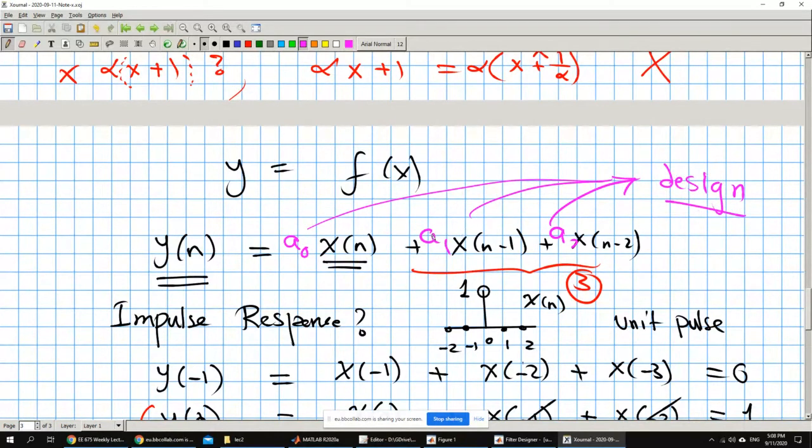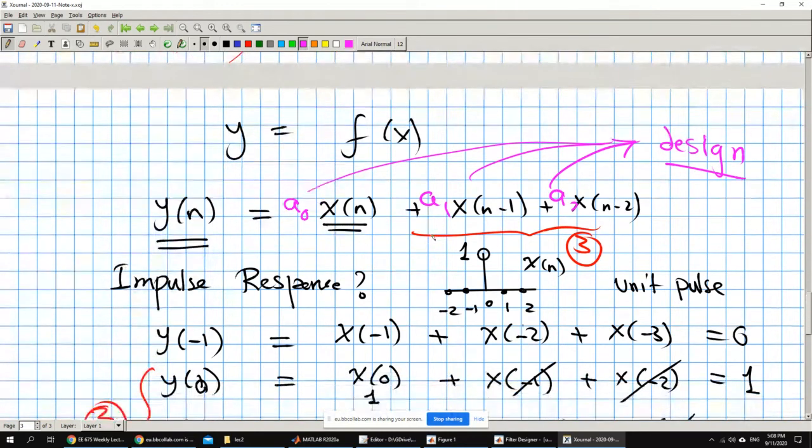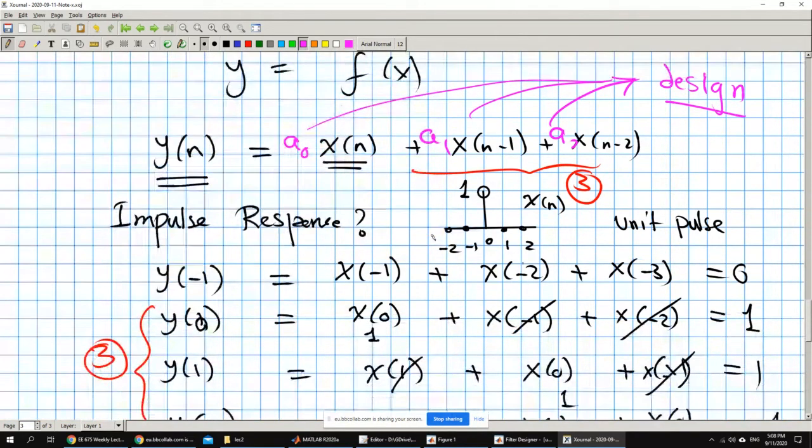So the filter designer produces the values of A0, A1, A2, A3, whatever, according to the order of the filter, and it's exactly this equation, and the output is computed in exactly the same way. Okay, it's very easy for a computer to do that because it's just a matter of substitution.